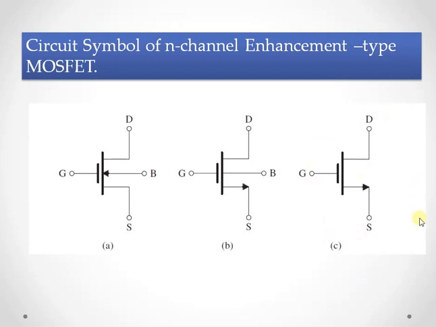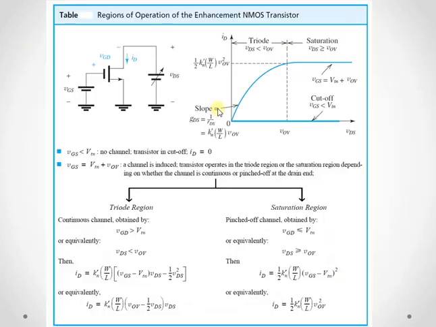To be very brief, I have tabulated conditions and the formulas for the operation of the NMOS transistor in each of the three possible regions, that is the cutoff region, the triode region and the saturation region. If we want to operate the MOSFET as a switch, then we need to operate the MOSFET in the cutoff region and in the triode region.